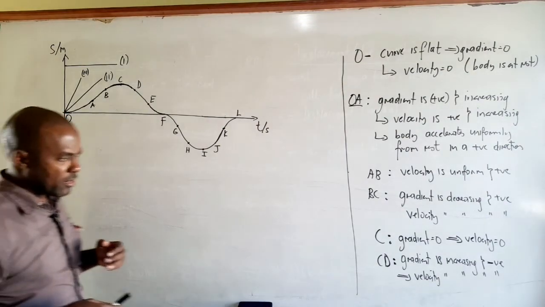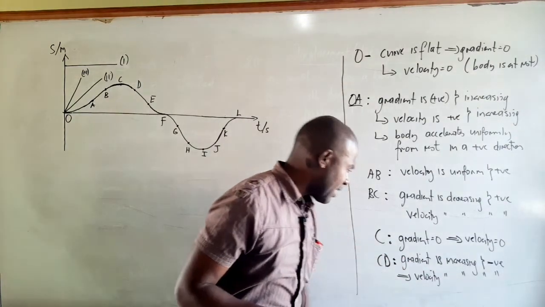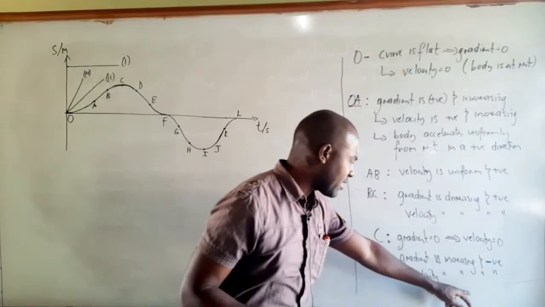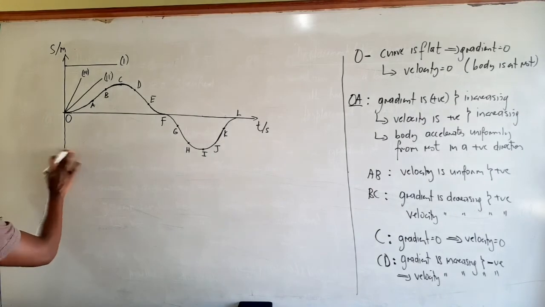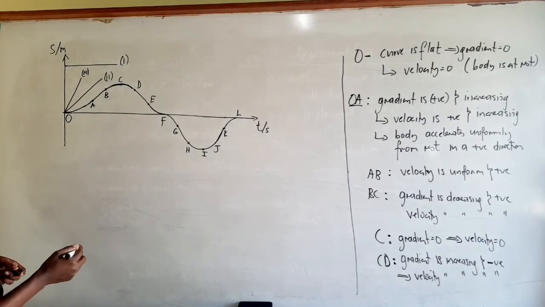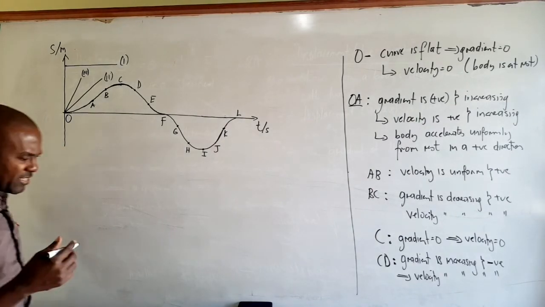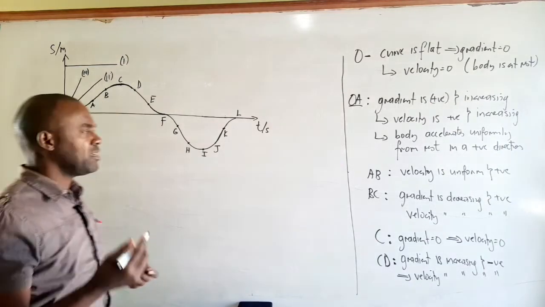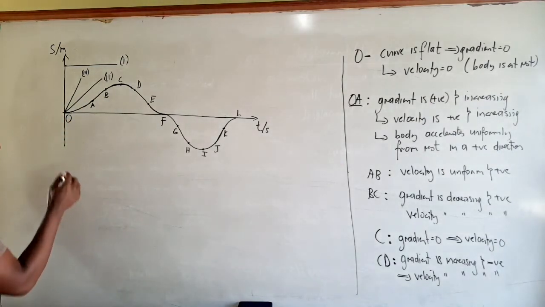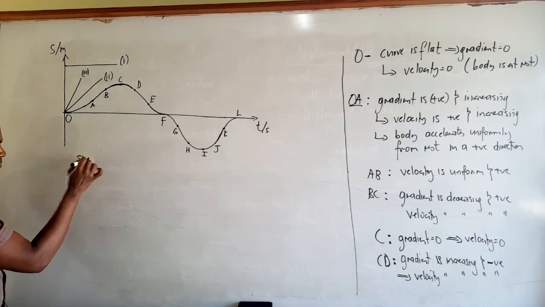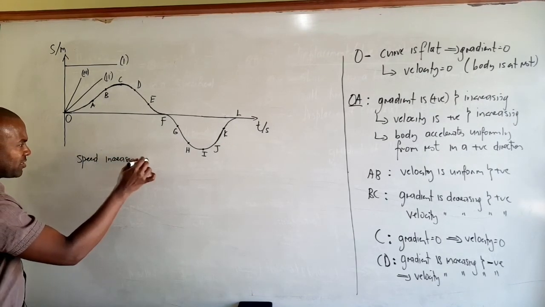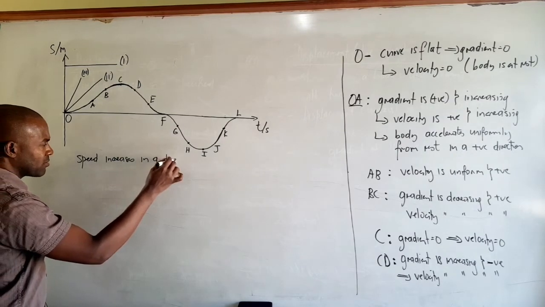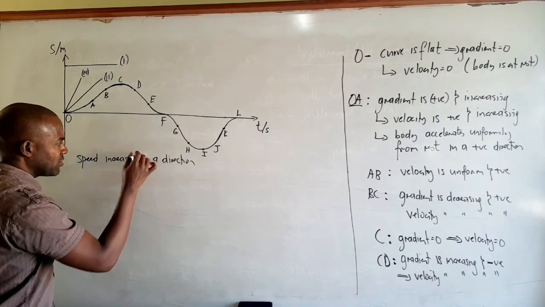So the gradient is increasing and negative, and the velocity is increasing and negative. So basically we say that the body's speed is increasing in a direction which is considered to be negative, right? So the body's speed increases in a direction considered to be negative.